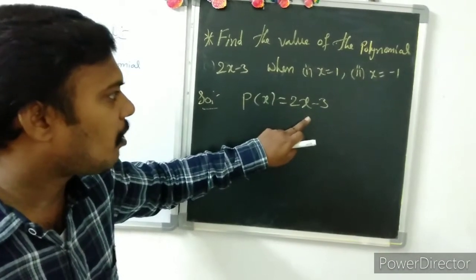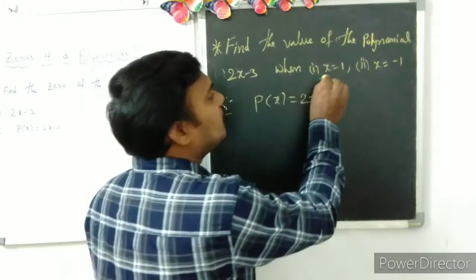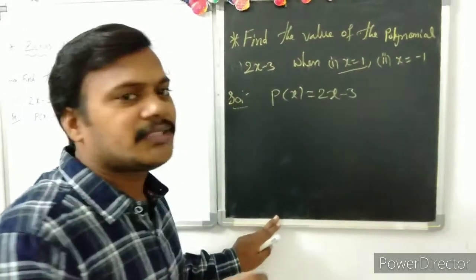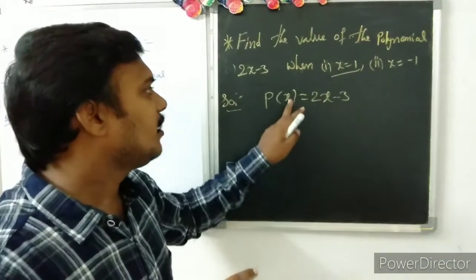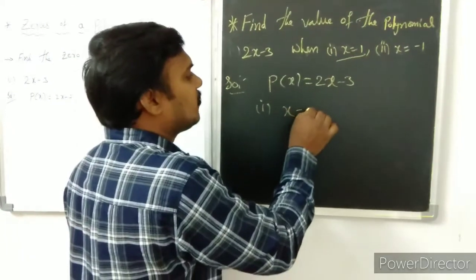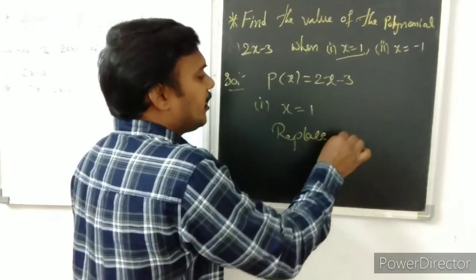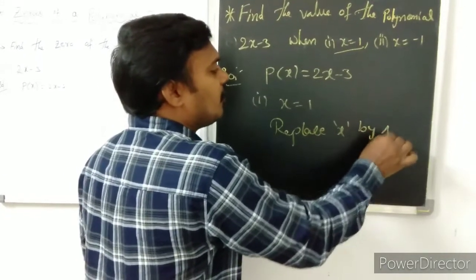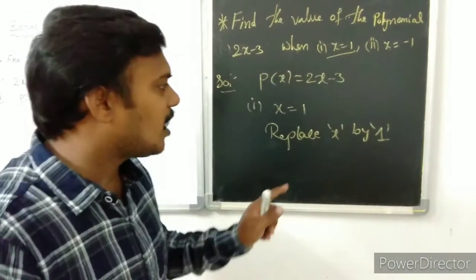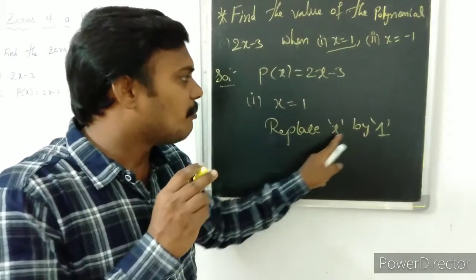The polynomial is already given to us. Now what are we going to do? We want to substitute x equal to 1 in the given polynomial. So first, take x equal to 1 and replace x by 1. We have to substitute the value.